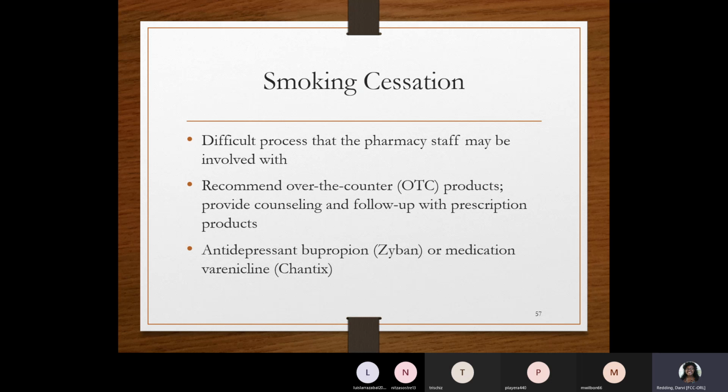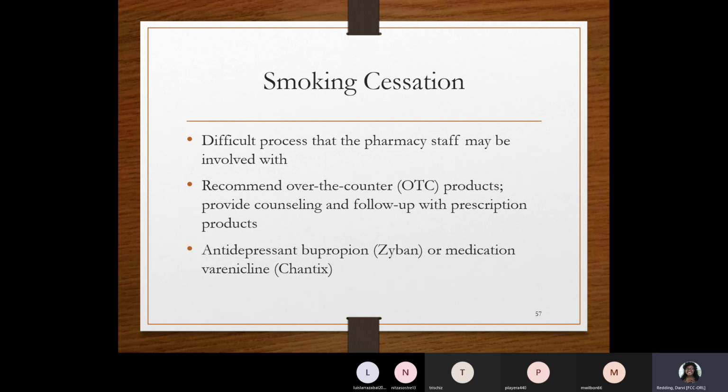And lastly, completing the nervous system, we're going to talk about smoking cessation. What you should know is anytime you see smoking cessation, that means a person wanting to quit smoking. It is a difficult process that the pharmacy staff might be involved with. The pharmacist might help the patient by recommending over-the-counter products such as nicotine gum or nicotine patches.